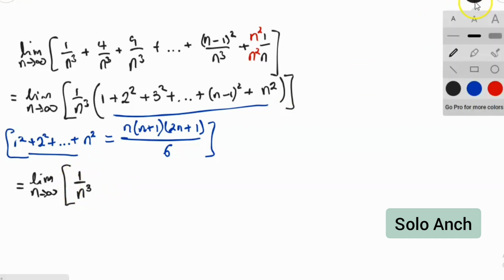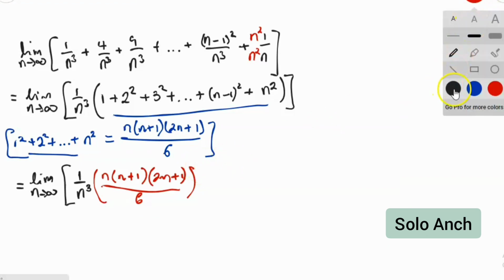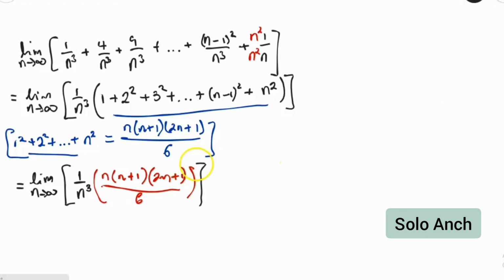But for the inside, we'll replace it with what we just discussed, and that is going to give us n times (n plus 1) times (2n plus 1). I know here I'm using the same n's in the example and in what we're actually doing, but it's okay. So this is divided by 6. Okay, so that's what we have there, and then we close that right there.